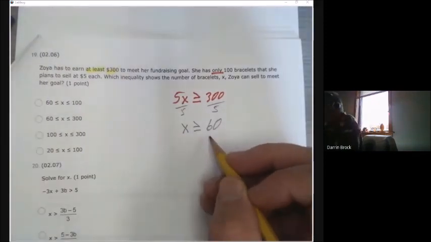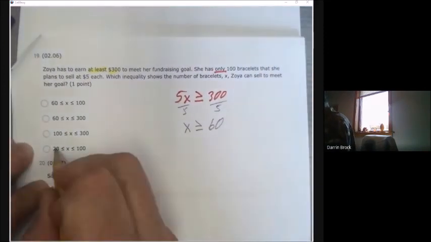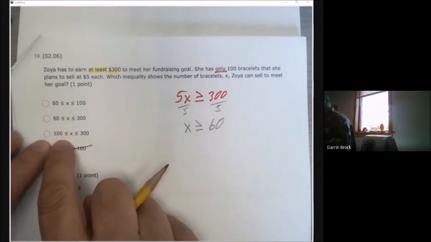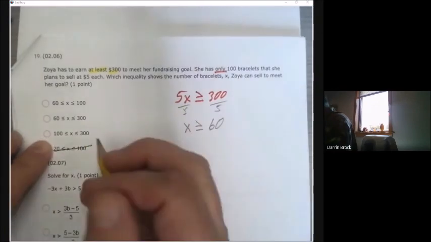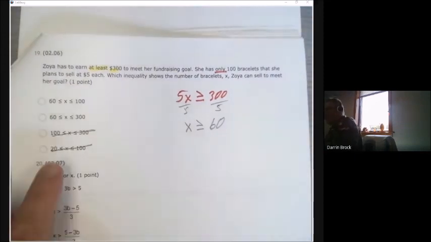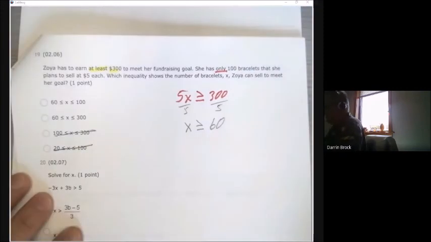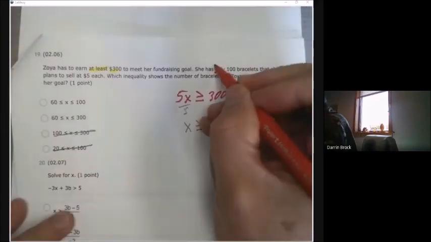She can sell more. Let's look at what we have. This says she has to sell at least 20. No. That says she has to sell at least 100. She does not have to sell at least 100. Both of these say she has to sell at least 60. So why is there an upper range, 300 or 100? Well, that goes back to this statement right here.